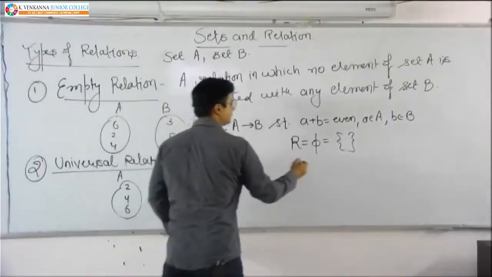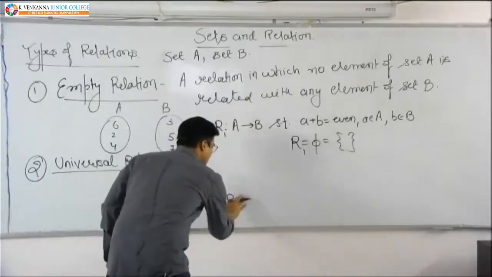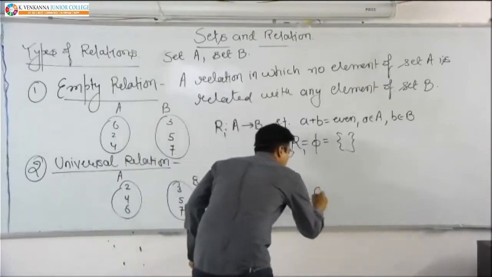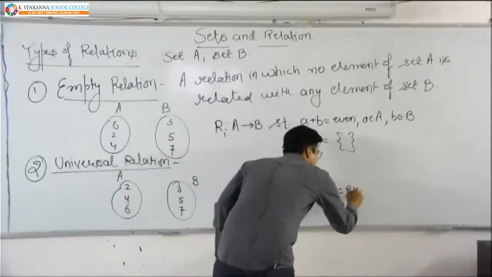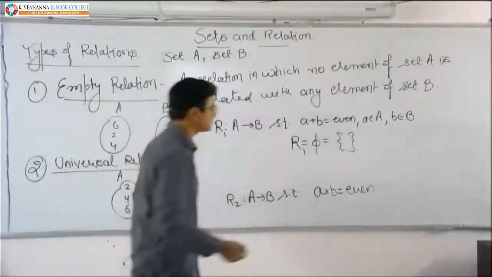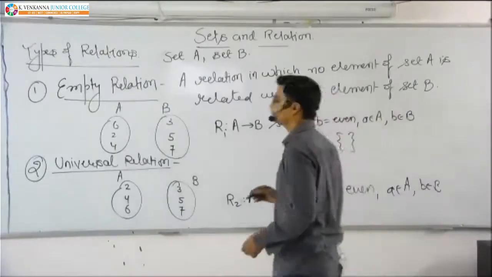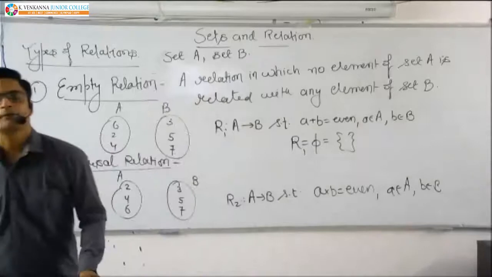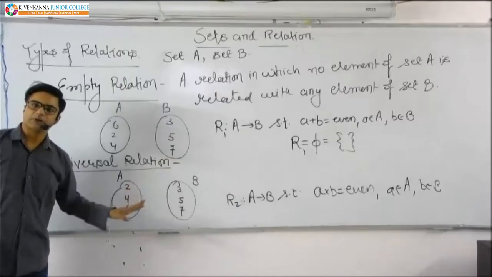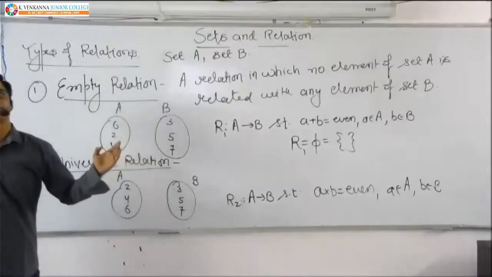Let's say this is your R1, and I define R2 as a relation from set A to set B such that a times b is even, where a is an element of set A and b is an element of set B. Right? Now, can you see all the elements of set A are connected with all the elements of set B?